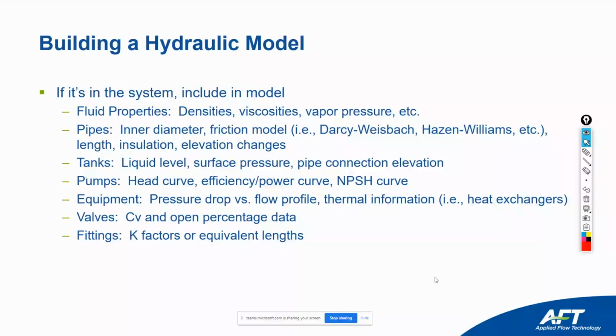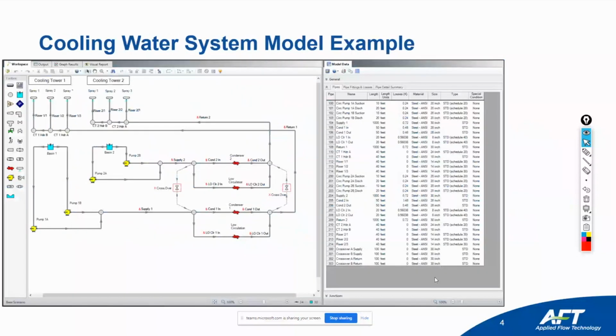And this is what a hydraulic model might look like. So we have a cooling tower system where we have a basin where the flow starts. Then we have 4 pumps operating 2 separate trains in parallel, and they flow through a series of heat exchange devices.